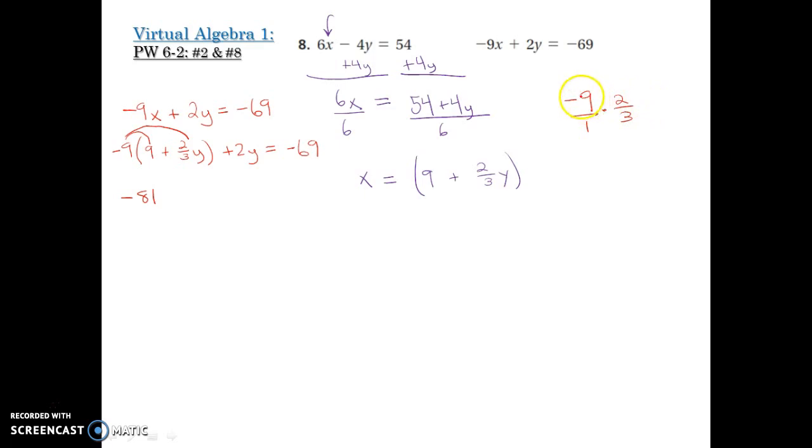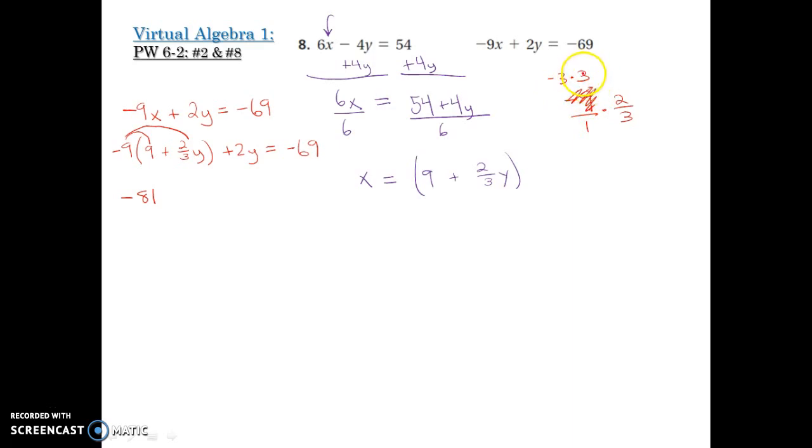Or we can do kind of both of those steps at the same time and just say, I can see that there's a factor of 3 down here, and then I know that 9 is 3 times 3. So if I think of negative 9 as negative 3 times 3, then I'm going to now cross this out.